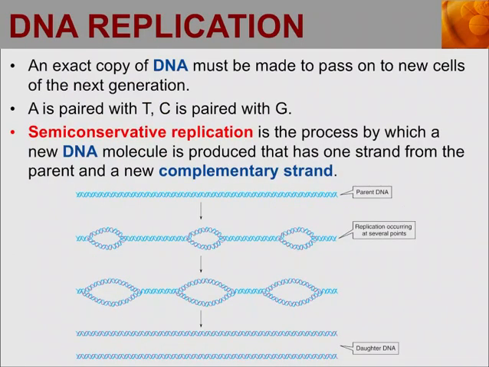Now, let's talk a little bit about DNA replication. An exact copy of DNA must be made in order to pass information on to new cells of a new generation. There are a lot of areas of our body where we're constantly making new cells. For instance, we make new skin cells about every 2 to 4 weeks.